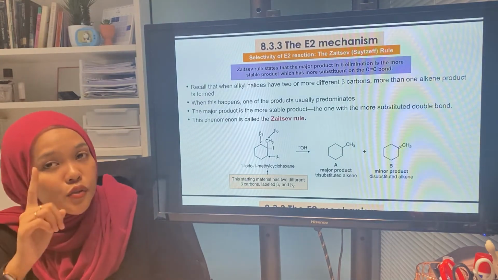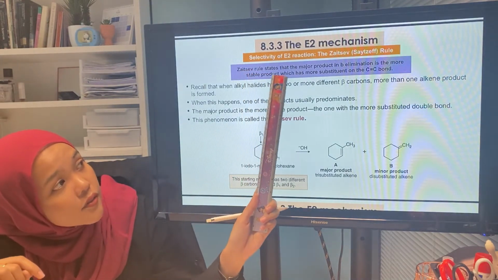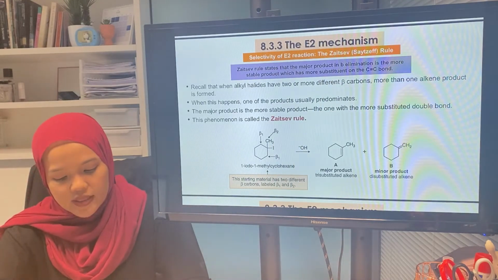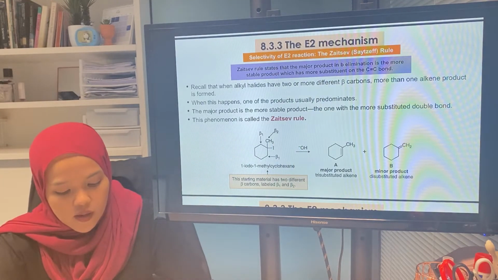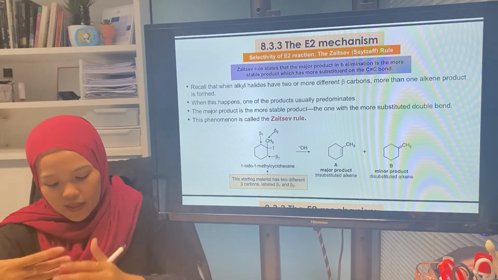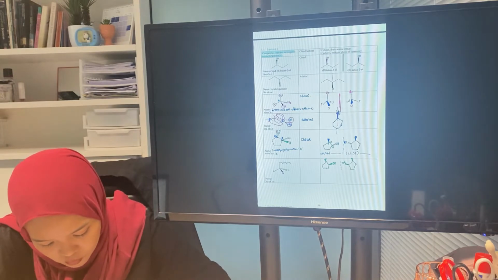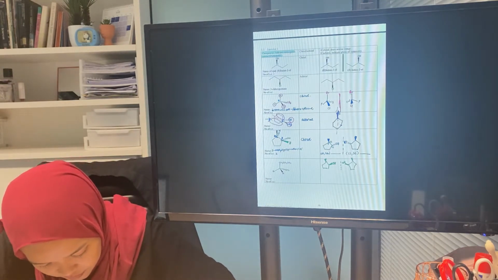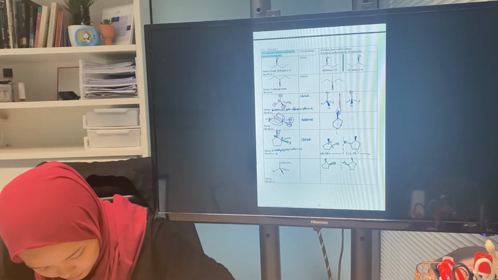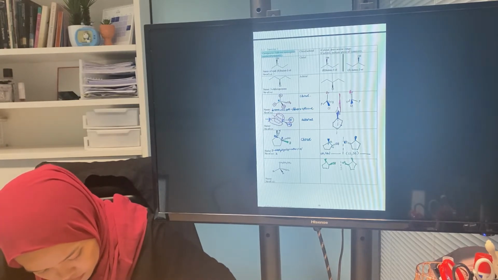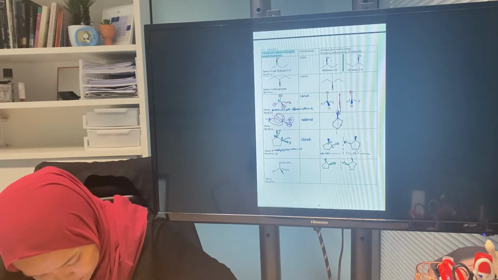I will just introduce this one first. Zaitsev Rule states that the major product of beta elimination reaction is the more stable product. Let us look into the handouts here. We are going to move into the alkenes, alkyl halides.